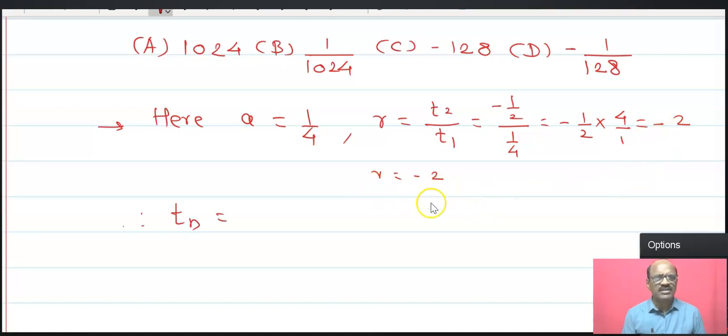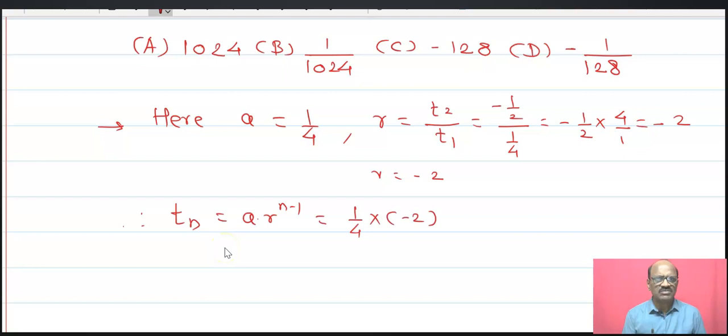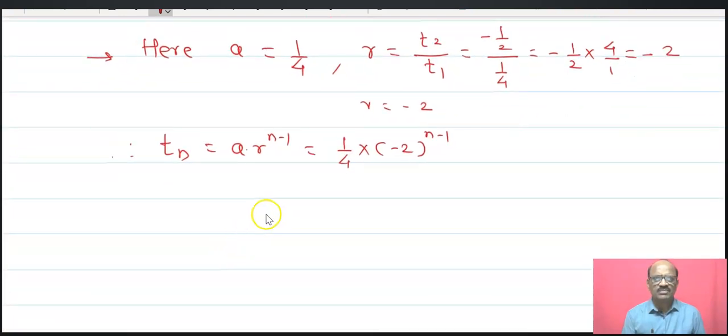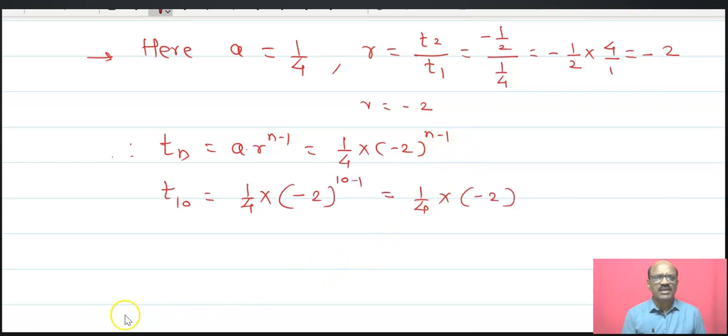This is the ratio. Now we will apply the formula for Tn. Tn is equal to A into R raised to n minus 1, which is equal to 1 upon 4 into minus 2 raised to n minus 1.